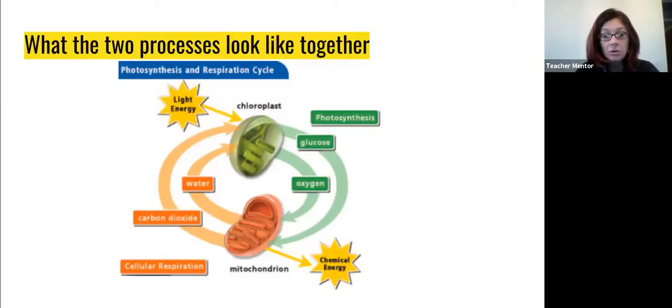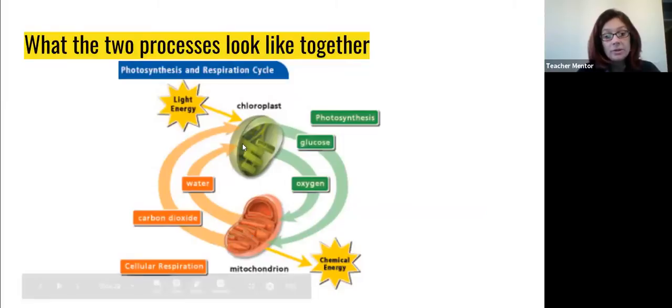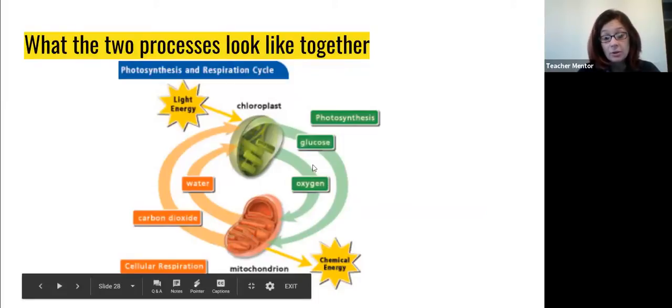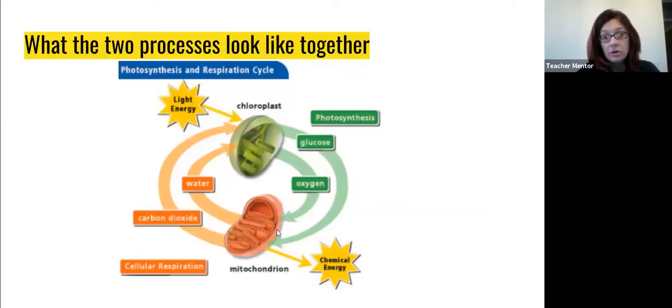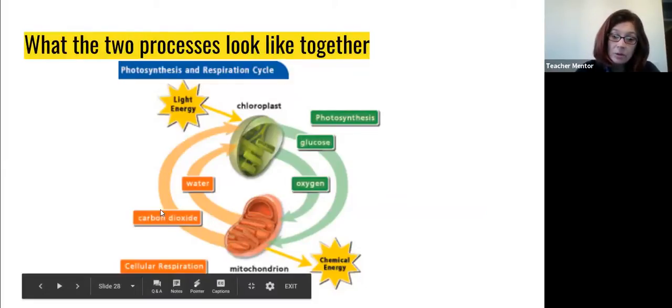And then when the animal eats the plant, the glucose or the sugar is going to enter the mitochondria. The chloroplast, or the plant, is also going to release oxygen. Both the oxygen and the glucose are going to be absorbed by the animal cell. The animal cell is going to release chemical energy, and it's going to then breathe out or exhale the carbon dioxide and small traces of water, which the plant is going to then take in again.